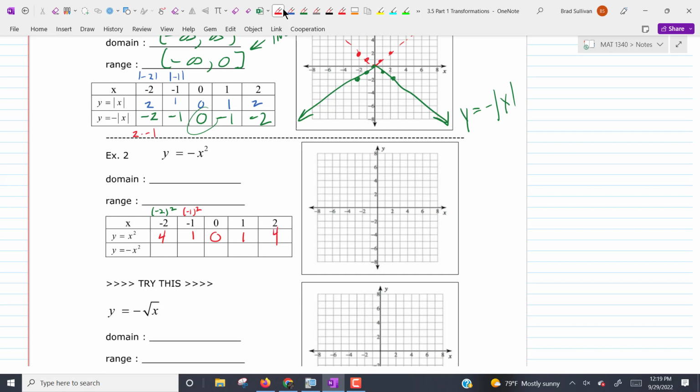This is what we call the elementary function. We call this a parabola. So plot your points. You'll go left 2, up 4, left 1, up 1, 0, 0, right 1, up 1, and so forth. And then just dash that, going through those 5 key points. All right, so that's y equals x squared.